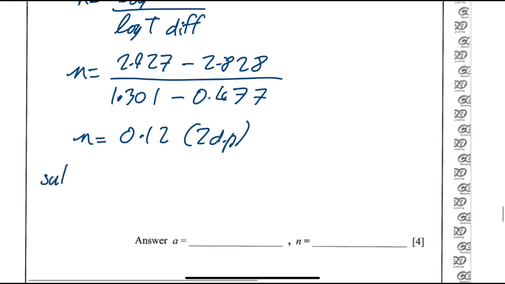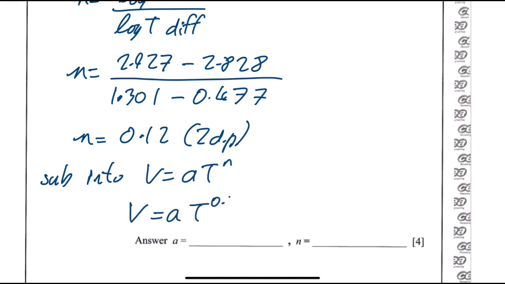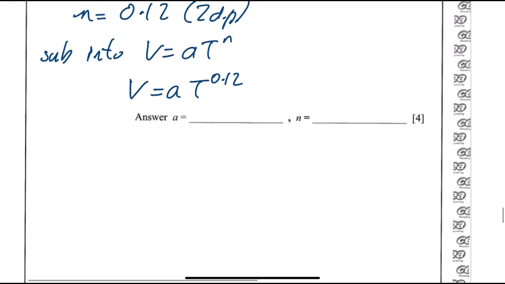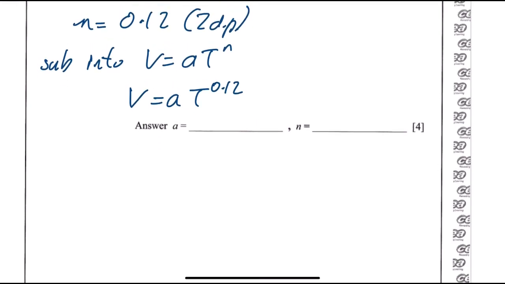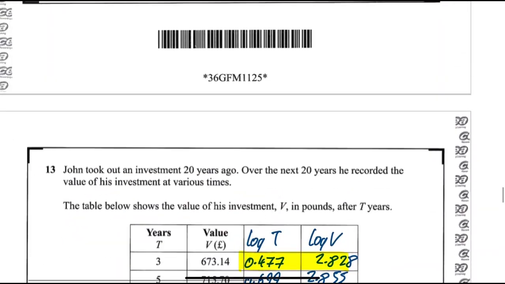Okay, we want to then sub that into our V, where V is equal to AT to the power of n. So it now becomes V is equal to AT to the power of 0.12. Then you want to put in one of your points. The first point I want to put in was the point I had in yellow up here.